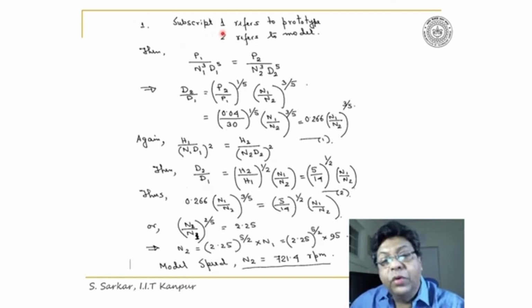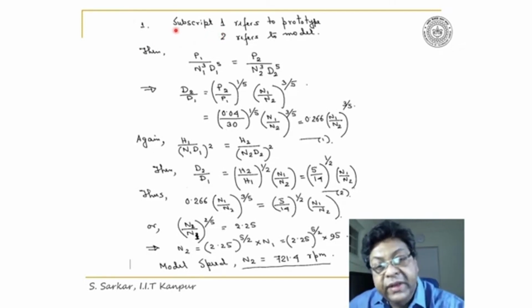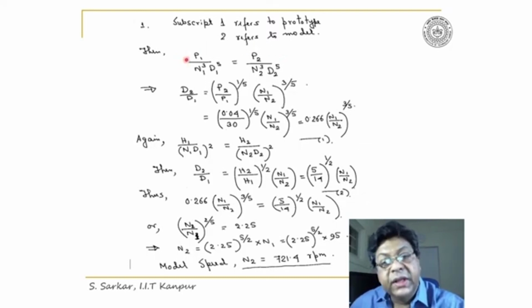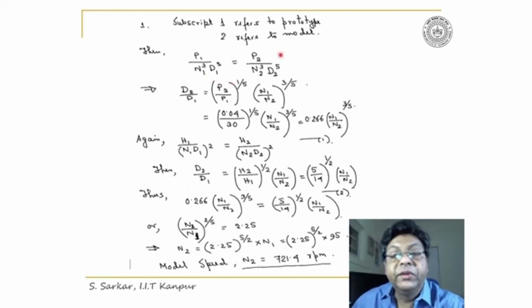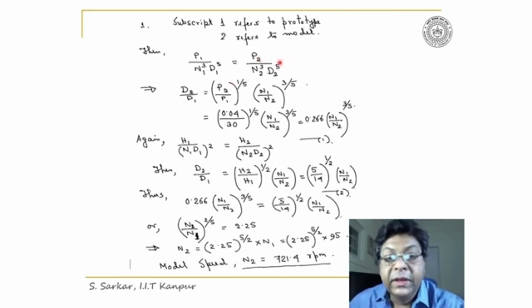Now subscript 1 I have used for the prototype and 2 refers to the model. So one can easily write from the similarity rules that P1 divided by N1 cubed and D1 to the power 5 is equal to P2 divided by N2 cubed and D2 to the power 5.